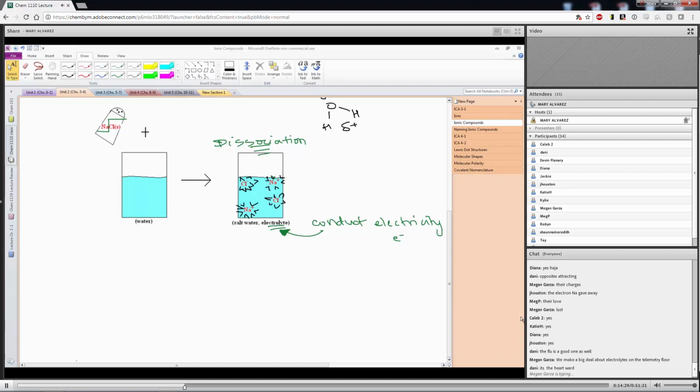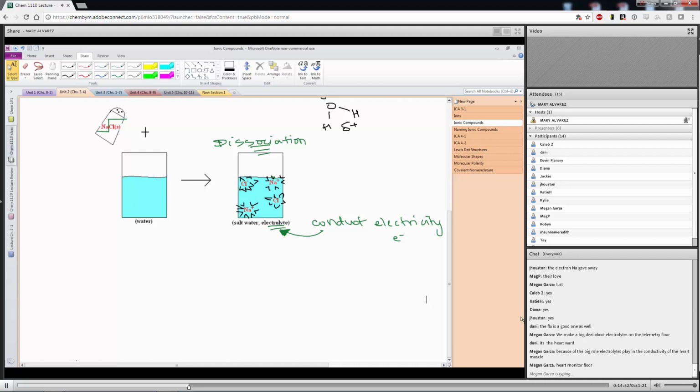What is telemetry here? A heart ward, okay. Yeah, because your electrolytes there include both sodium and potassium ions, right? Yes. And conductivity, all of your muscles receive their signals through electrical impulses too, right? Yes. Excellent. Yeah, you should post about that in the discussion forums.